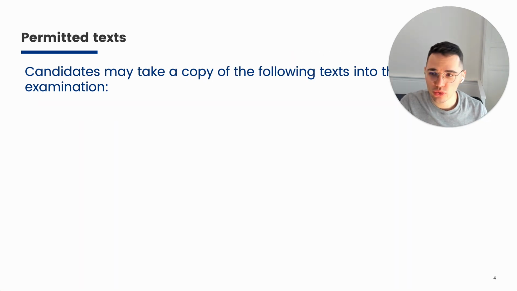So what are those permitted texts? The CIOT, always confusing this abbreviation, the Chartered Institute of Taxation, the organization behind ADIT, publishes a list of resources that you can take with you, the list of permitted texts, usually books.